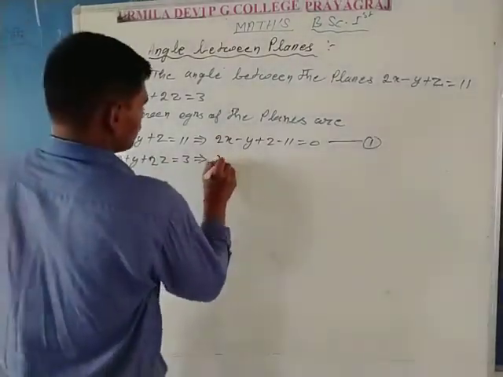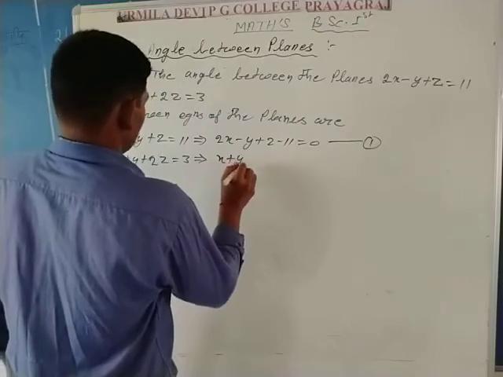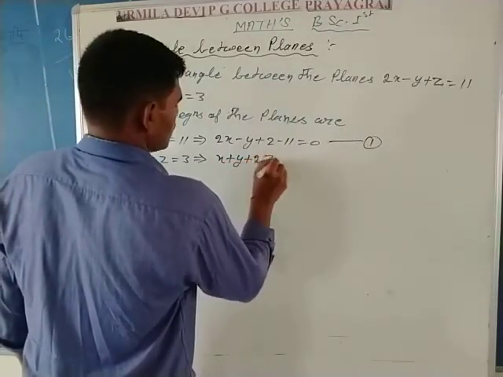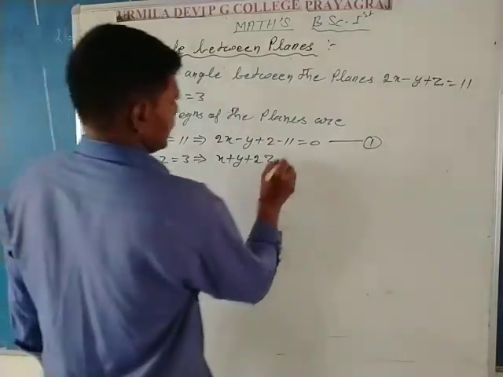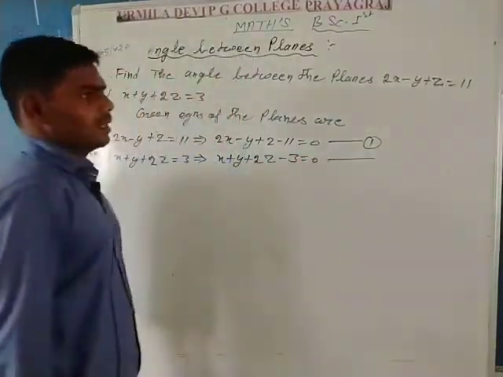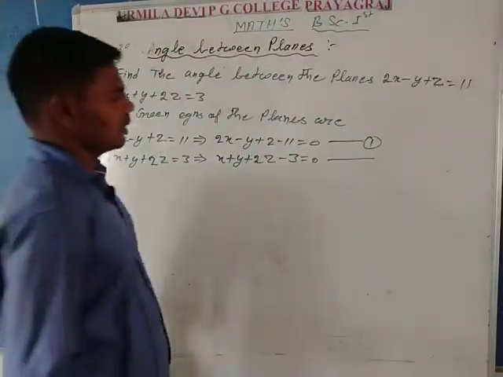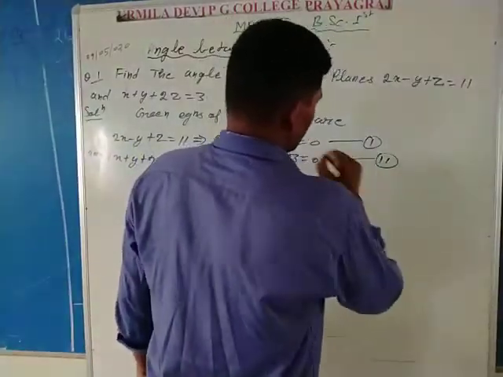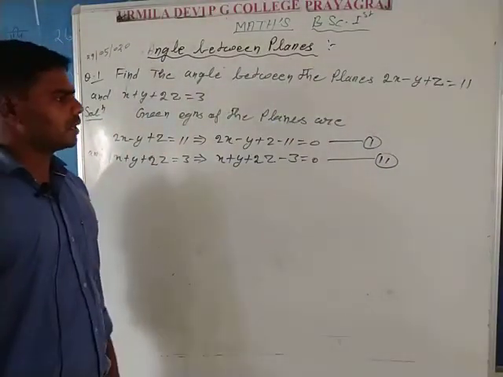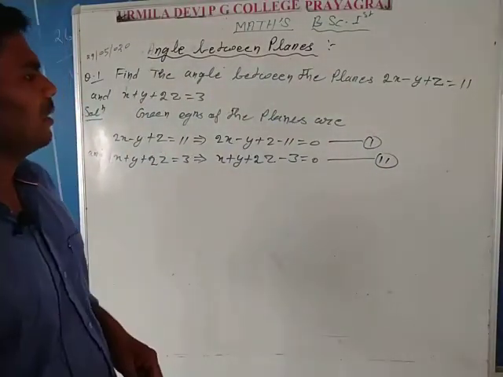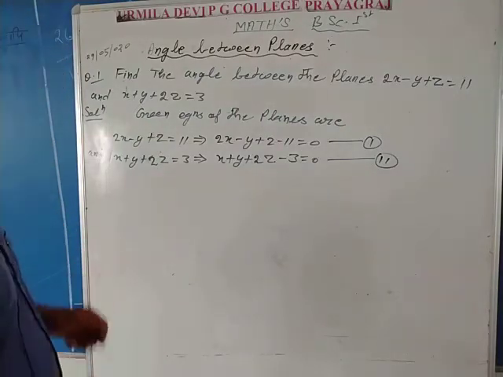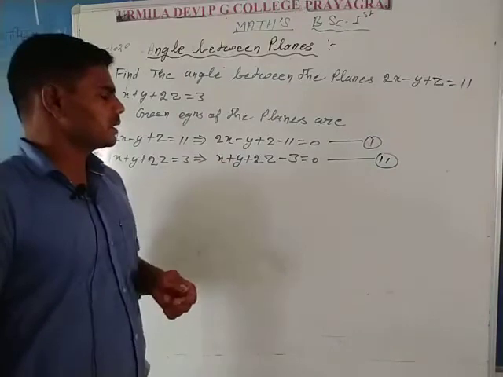Therefore, it is x plus y plus 2z minus 3 is equal to 0. This equation is represented by equation second. So equation second is the equation of the second plane, and equation first is the equation of the first plane.